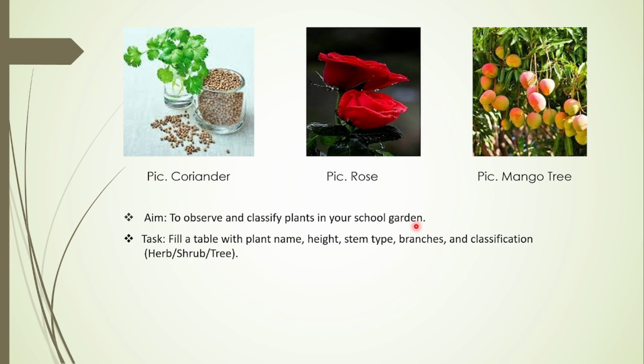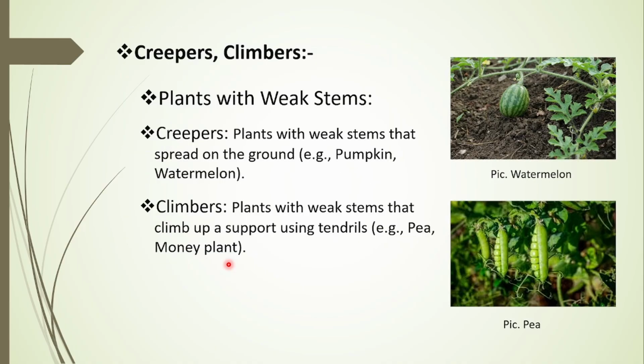In your school garden, there are different plants. You should write their name in the first column, then height, stem type, branches, and classification like herb, shrub, and tree for your activity purpose.